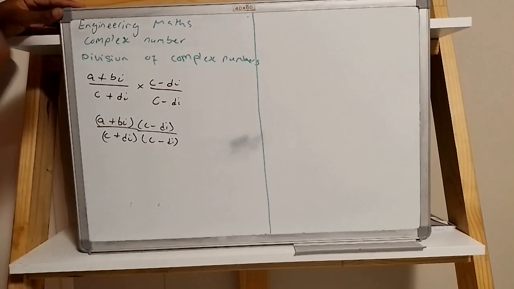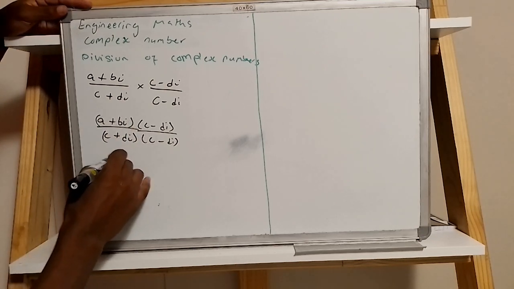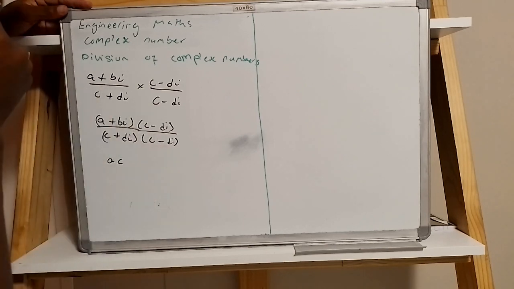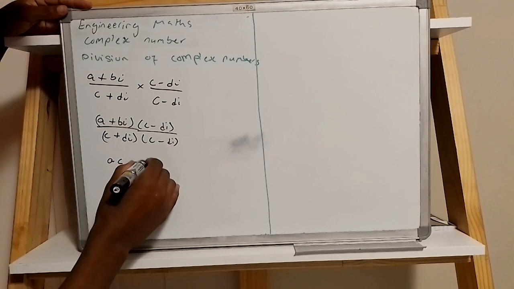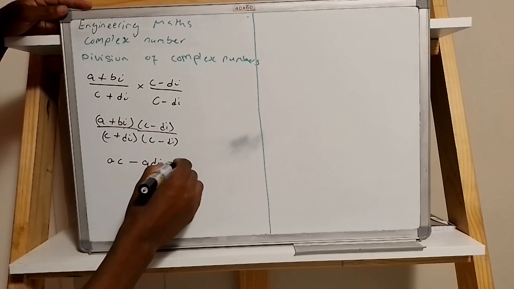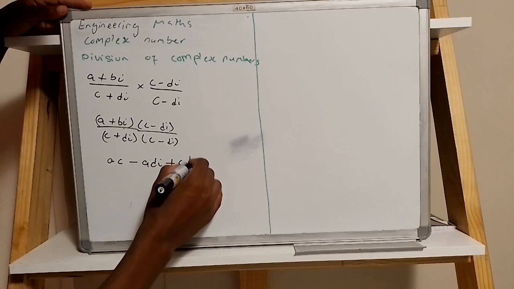Right? So now, when I multiply these things, this and that will give me ac. This and that will give me minus adi. This and that will give me plus cbi.